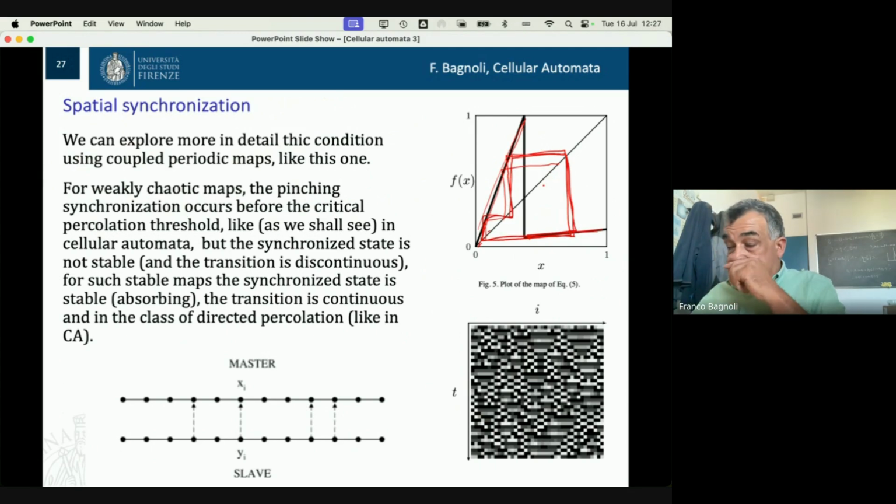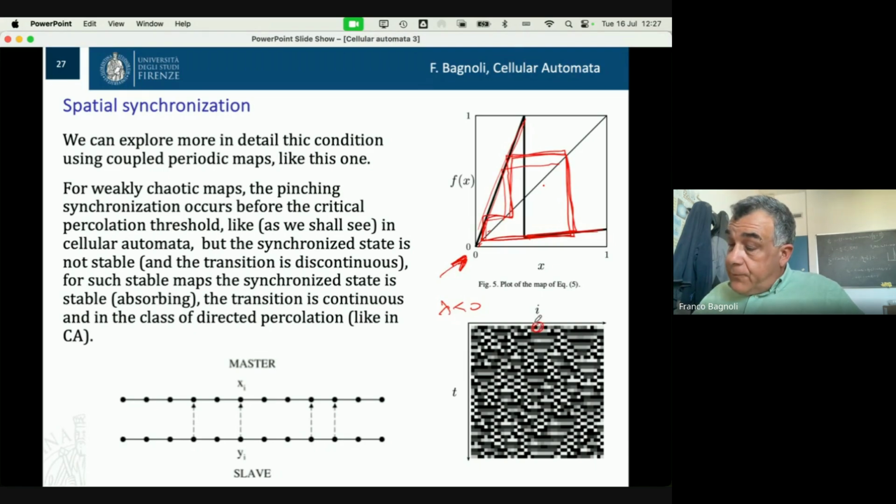And if you couple now these maps, you get a pattern like this, which has some resemblance with those of cellular automata. What is interesting is that these coupled maps are not chaotic. They have a Lyapunov exponent which is different from zero.